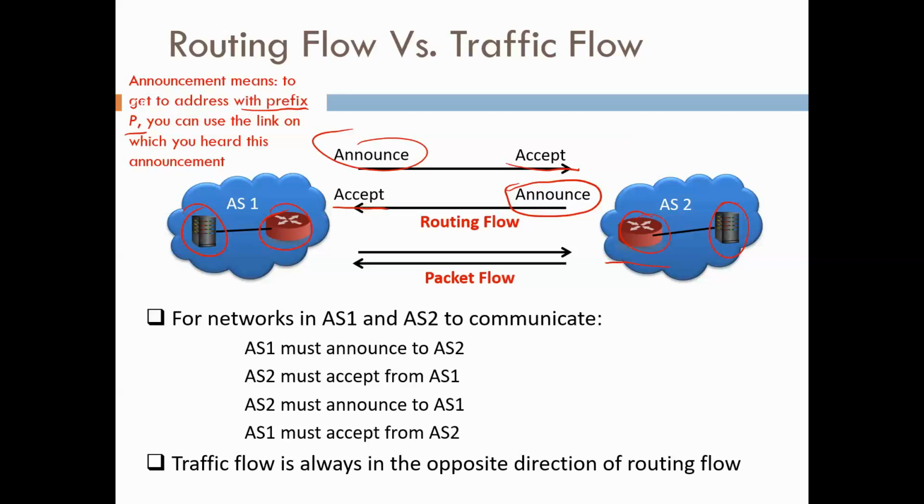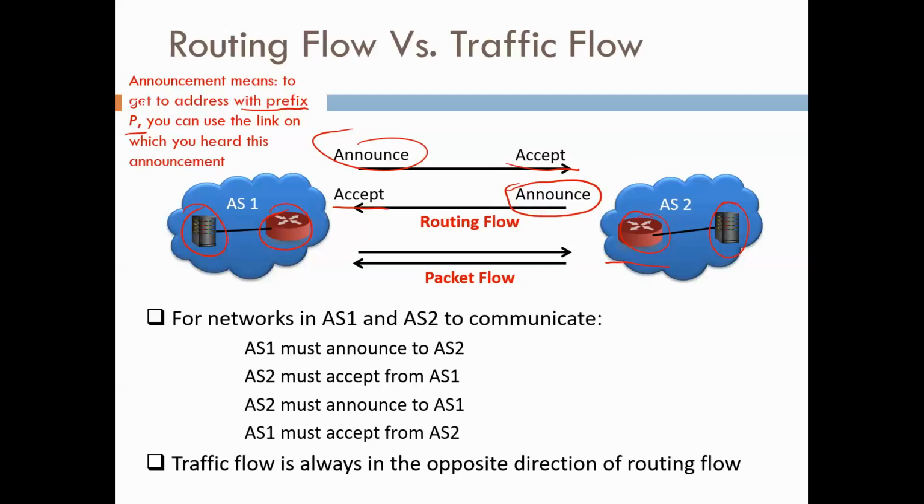Every autonomous system has the freedom to accept or reject announcements, and BGP will enforce these policies. If an autonomous system does not want to accept an announcement from another autonomous system, then BGP will reject all the packets coming from that autonomous system. Okay? You will notice here that the flow of traffic is in the opposite direction to the announcements.